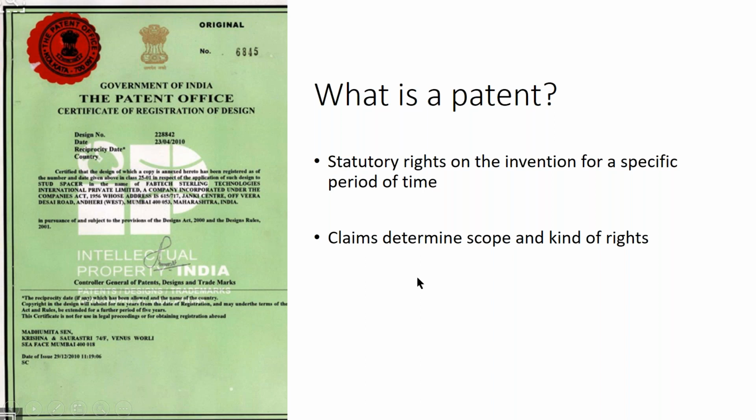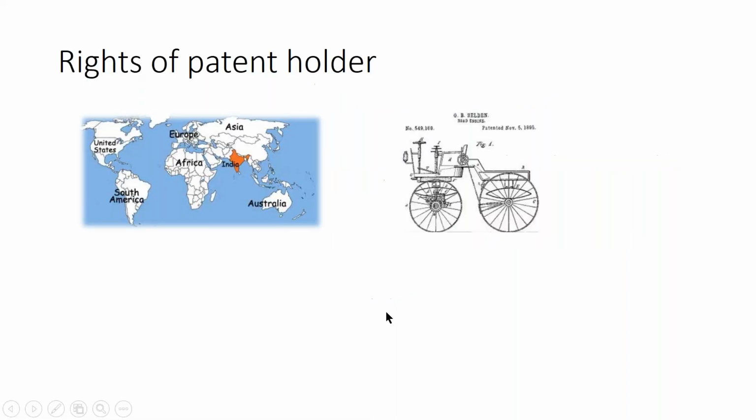So claims determine the scope and kind of rights that are extended to you by means of a patent grant. And very important to understand, especially in this kind of investigation, patent rights are territorial. This means that if you are granted an Indian patent, it is valid only in India. And if you have a US patent, it is applicable only in the US. Let me give you one example.